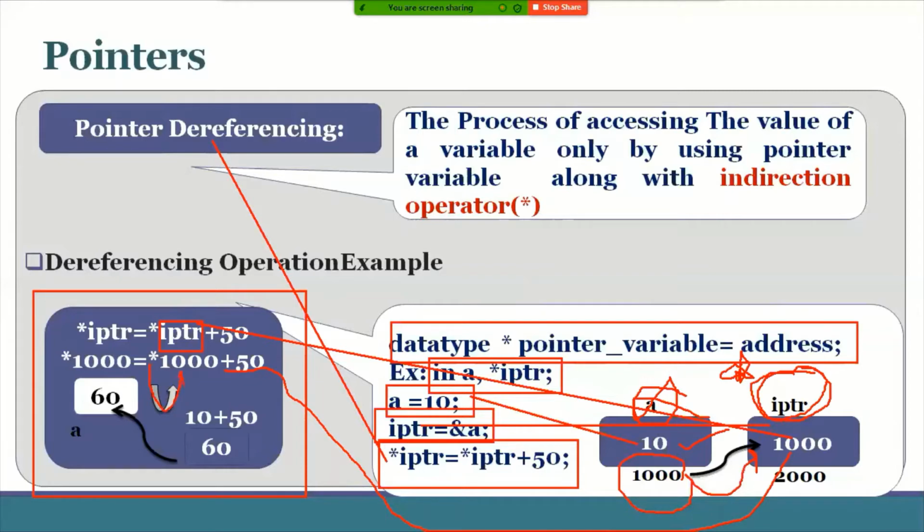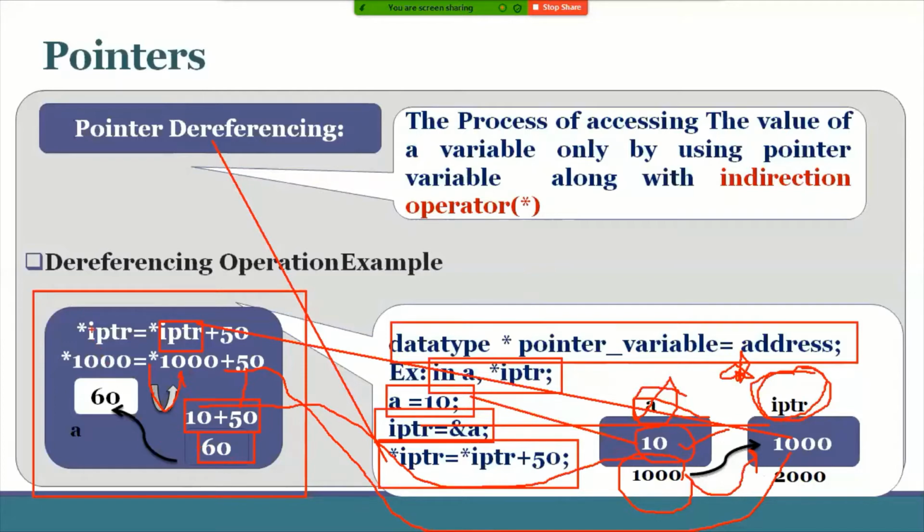If you apply the indirection operator, you go to the 1000 location. What is at the 1000 location? This 1000 location holds 10. This 10 will be substituted over here, and this 50 will be added to 10. So 10 plus 50 is 60. This 60 will be transferred to the LHS part.